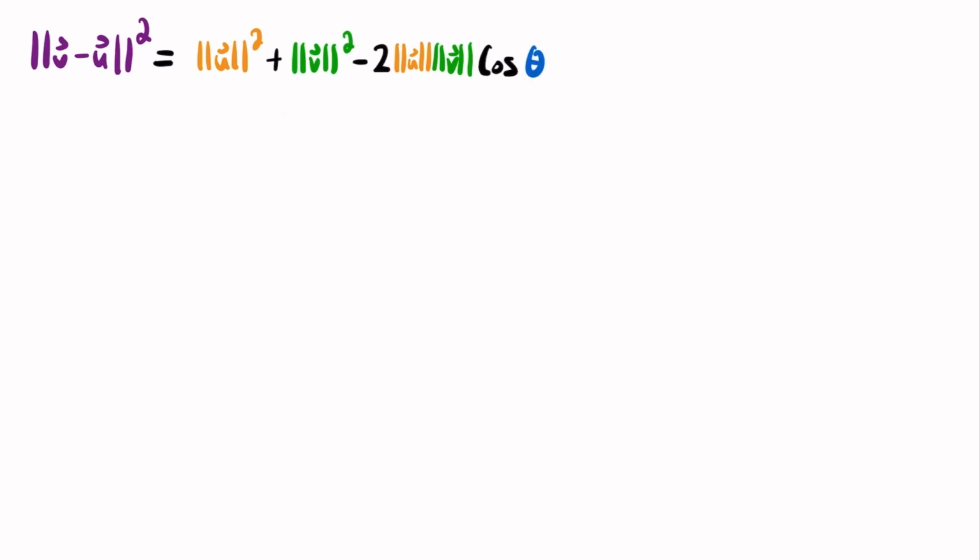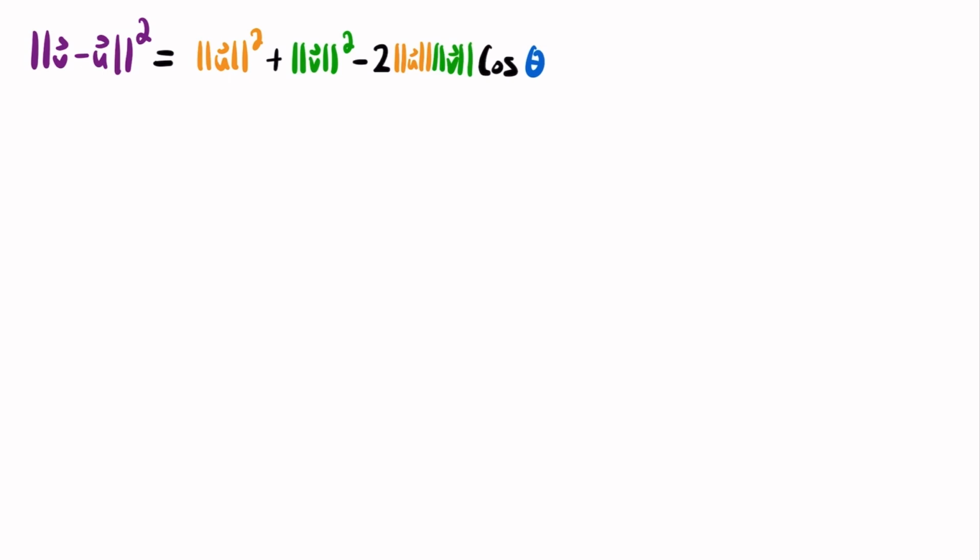But before we explicitly solve for theta, there are some things that we can simplify here in this equation first. And it's not going to initially be obvious, but something that we can manipulate here is this side of the equation right here. The magnitude of vector v minus vector u squared. What we can do with this term is actually rewrite it using the dot product.